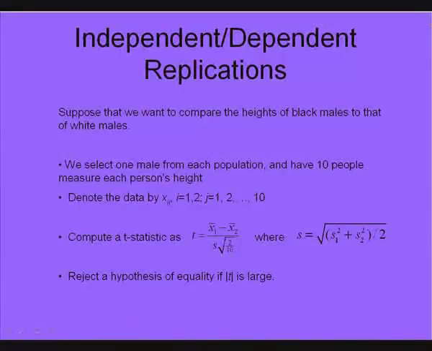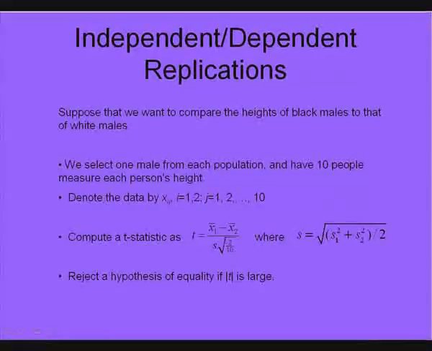The folks here at K-State will have seen this example before, but I think it's an important one that tries to address the issue of whether you have independent observations or dependent observations. Suppose we want to compare the heights of black males to white males in some population.